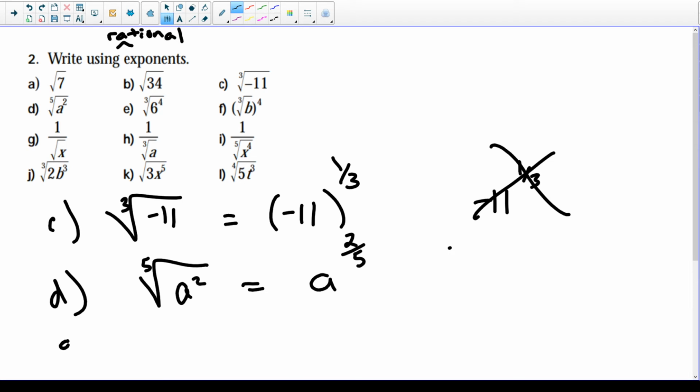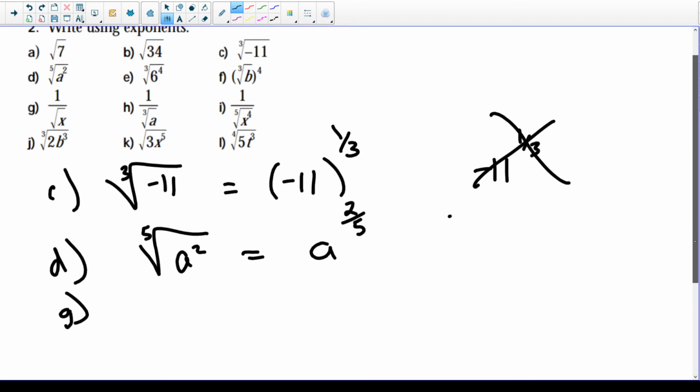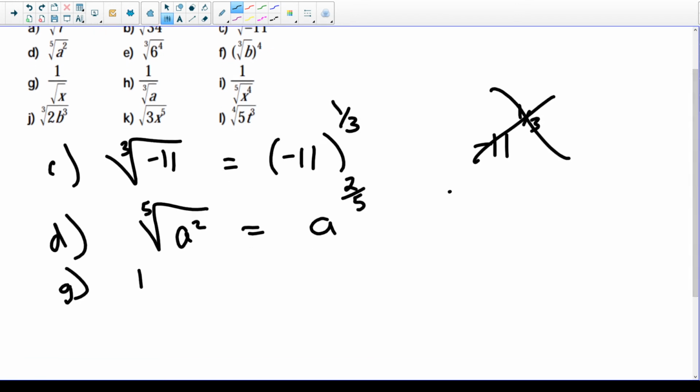Let's take a look at G. So in G we have 1 over root x. Now this is going to bring up a little bit of a discussion about what is the proper format to put an answer in that I may not have the answer for. The first thing we would do, we're writing it as a 1/2 power because a square root, this is a 2 hiding inside the index here.